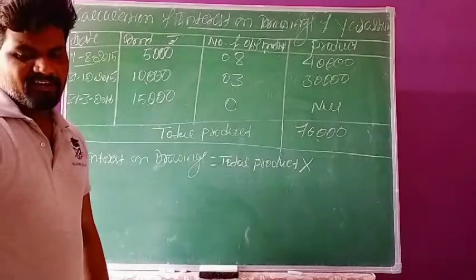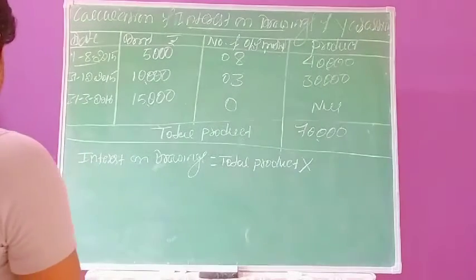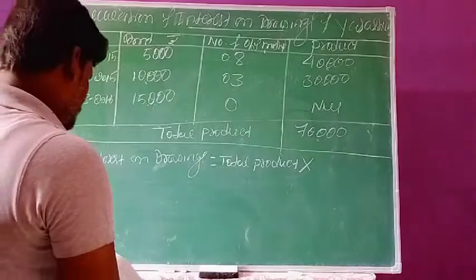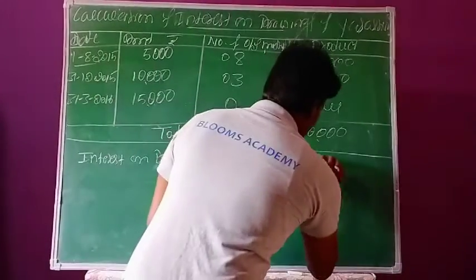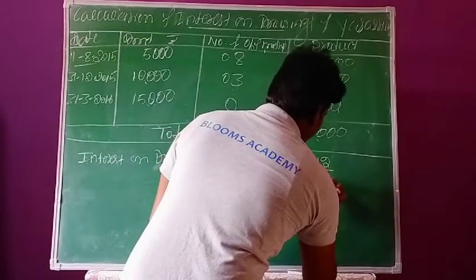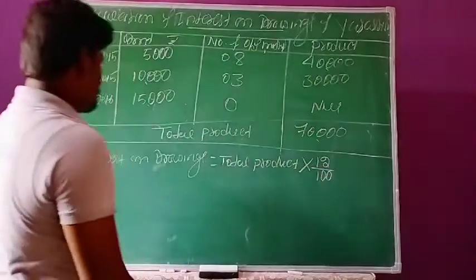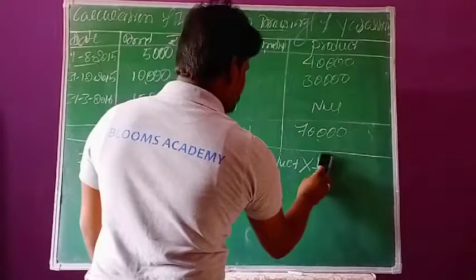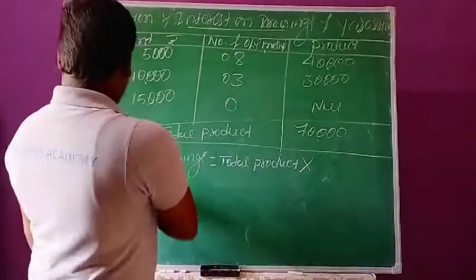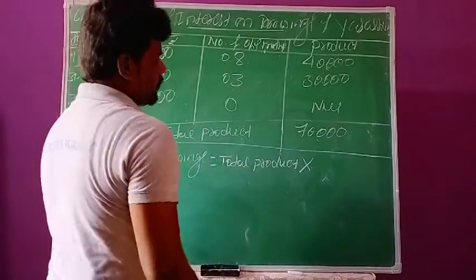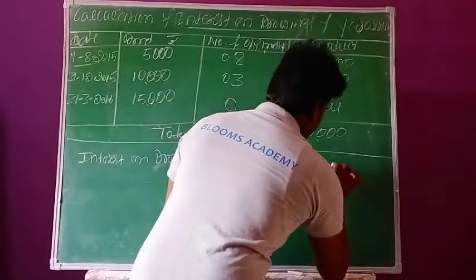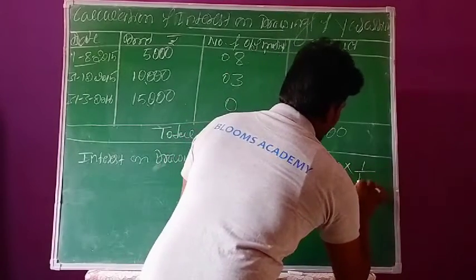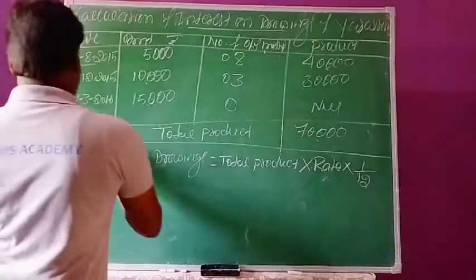As per the given question, the specified rate is already given. The specified rate is 12%, I mean 12 divided by 100. So here the formula is interest on drawings equals total product into rate into 1 by 12. This is the formula.